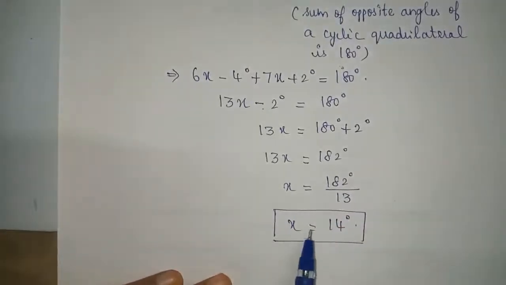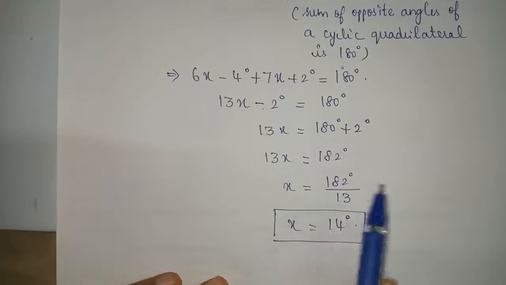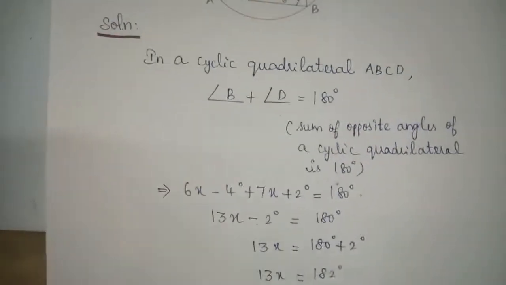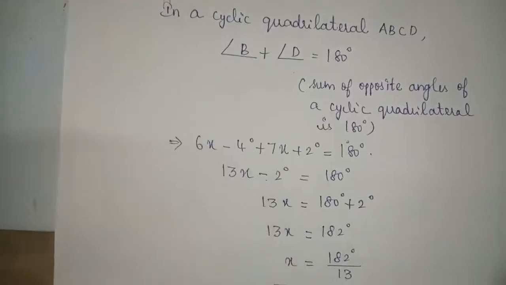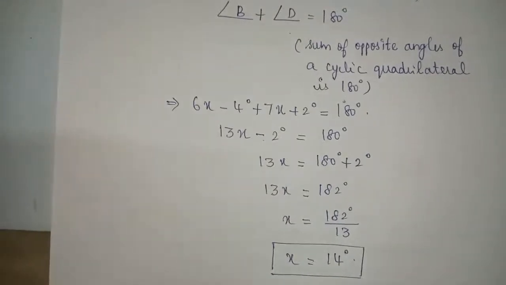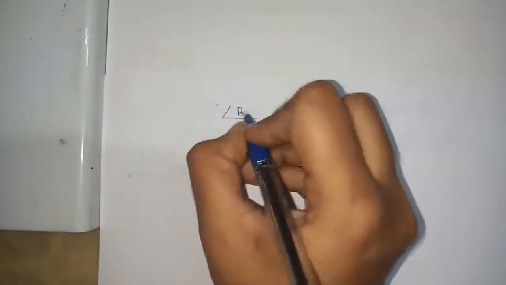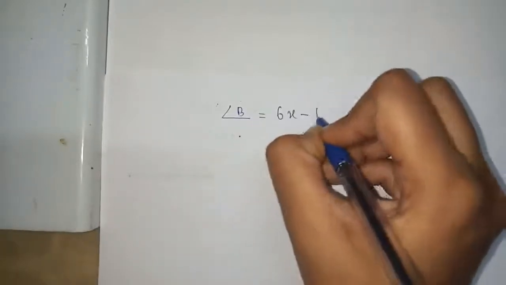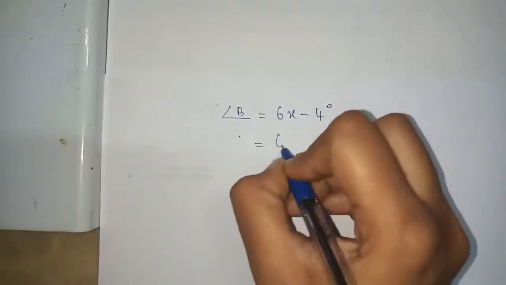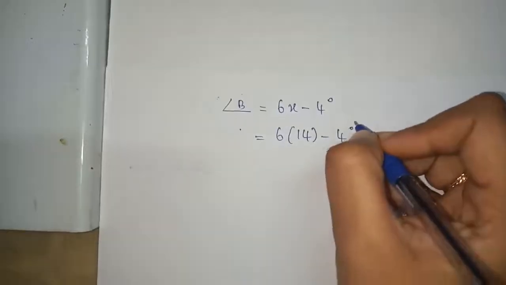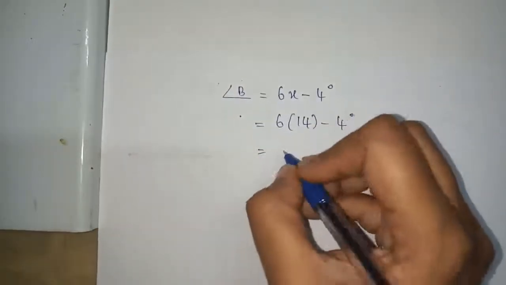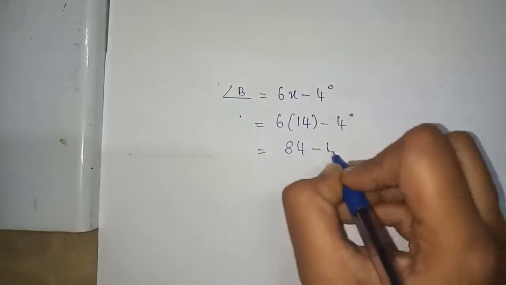Now substitute the value of x in the respective angles B and D. So we know angle B is equal to 6x minus 4 degrees. Now x is 14, so 6 into 14 minus 4 degrees, which is 84 minus 4.